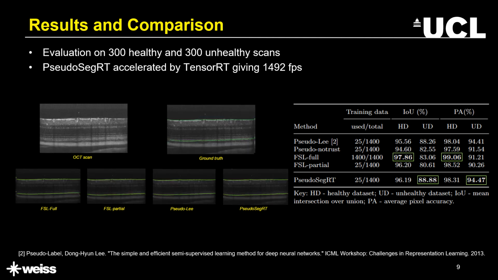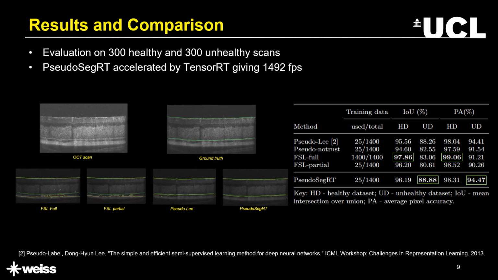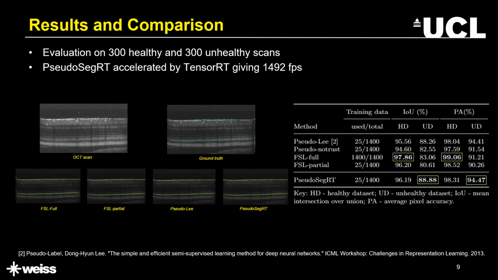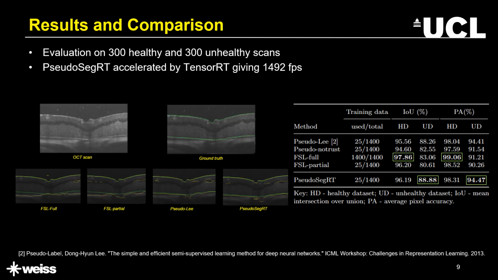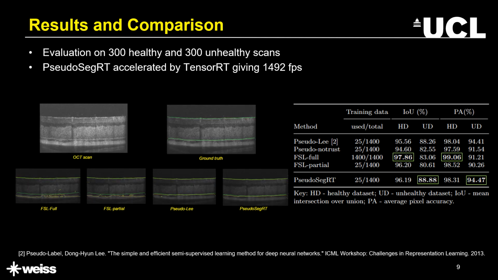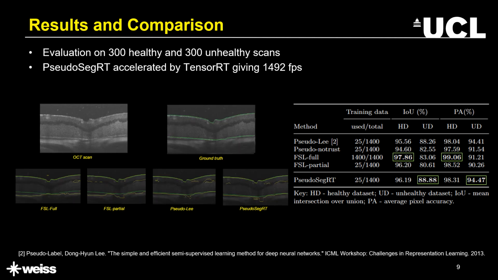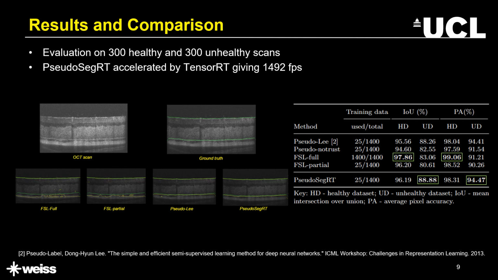Through these results, we can see that the model generalizes very well, both in the case of healthy and unhealthy scans, while it outperforms in the case of unhealthy scans, where the distribution is very different from that of the training data. In the case of these unhealthy scans, the existing state-of-the-art methods are not able to perform very well, while we managed to achieve a performance of about 89%.